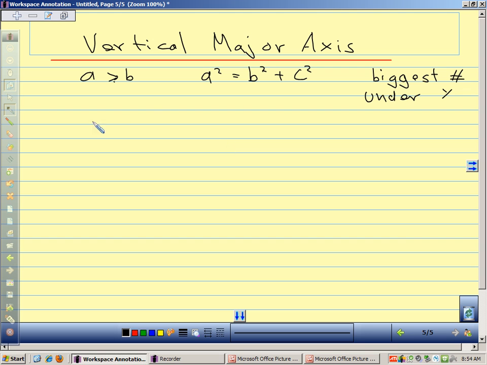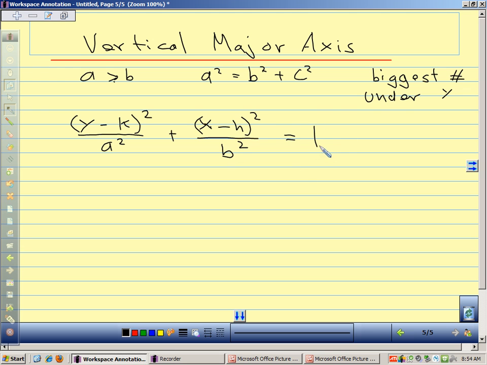So what we end up doing is just changing the place that the a goes in our equation. So y minus k squared over a squared. A is bigger, so it goes under the y for a vertical major axis. Plus x minus h squared over b squared equals 1.